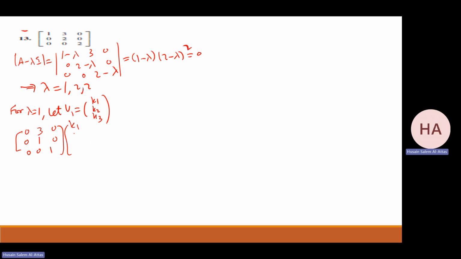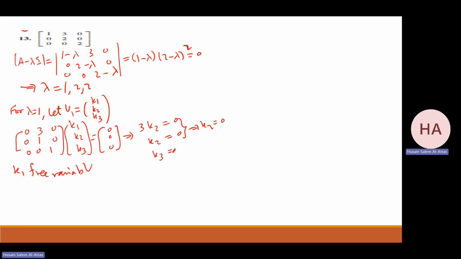Times K1, K2, K3 equals 0, 0, 0. So I have 3K2 equals 0, and K2 equals 0, and K3 equals 0. This implies K2 equals 0, and here I have K3 equals 0. So K1 is free.